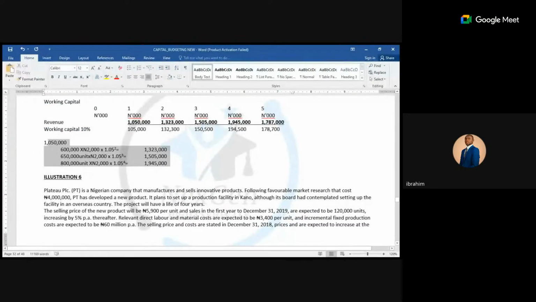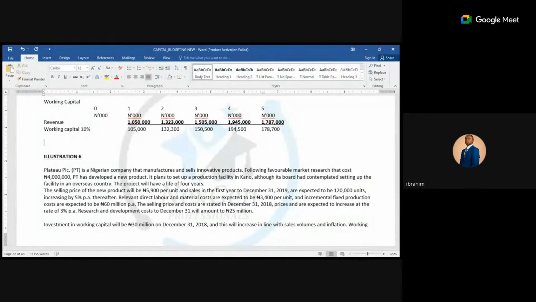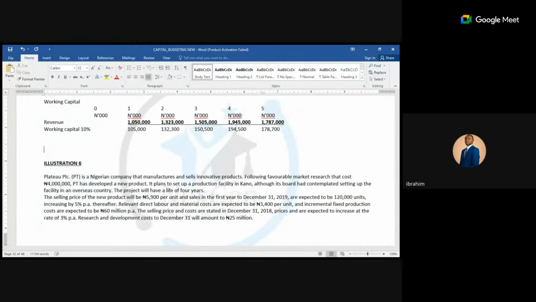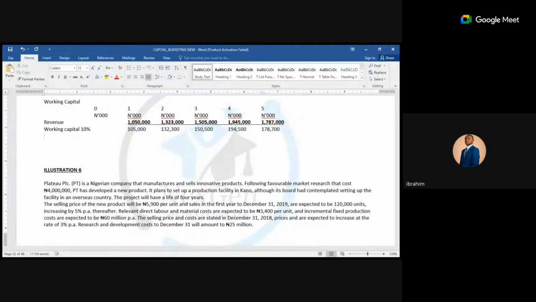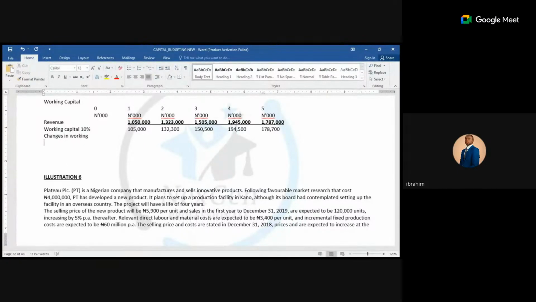So we can now have what we call changes in working capital. And don't forget, class, we are picking it from this part, right? You have your year 0, meaning that from year 0 to year 1, it has increased.